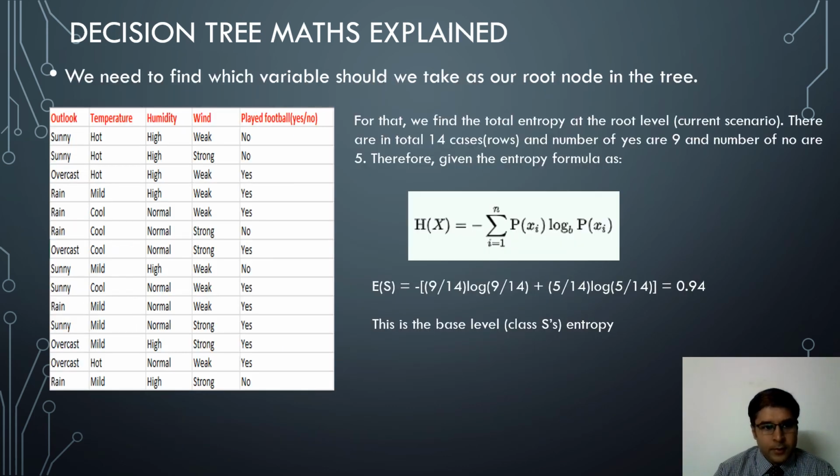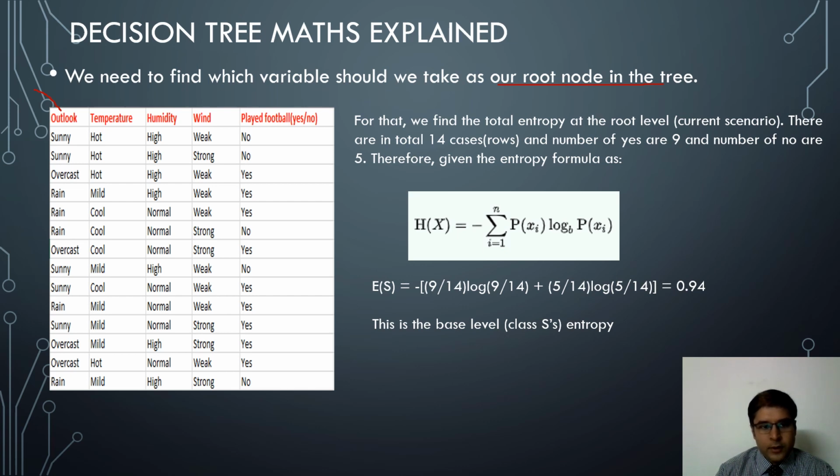So this is the same table here. We need to find which variable we should take as our root node in the tree first, and this will lay a benchmark of how we select further nodes at each point of division. So for that we find the total entropy at the root level, which is the current scenario.